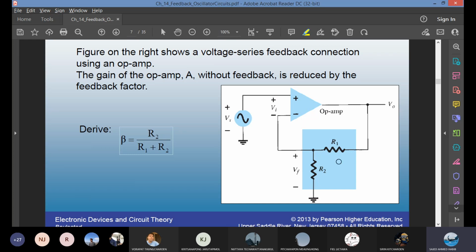Vf is V out times R2 over R1 plus R2. Beta is what? Vf over V out. That's beta. So in that case, R2 over R1 plus R2 becomes the beta term.